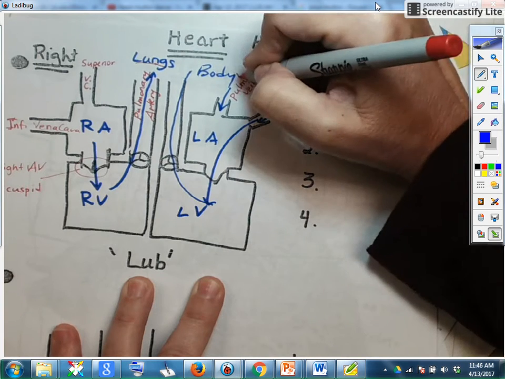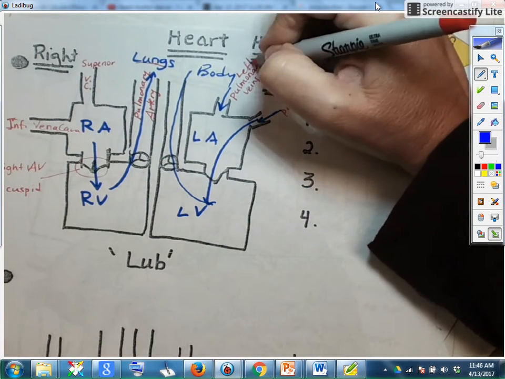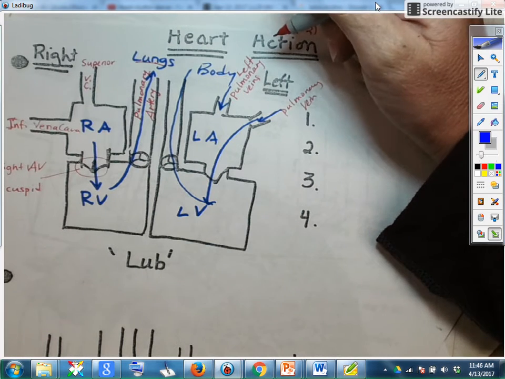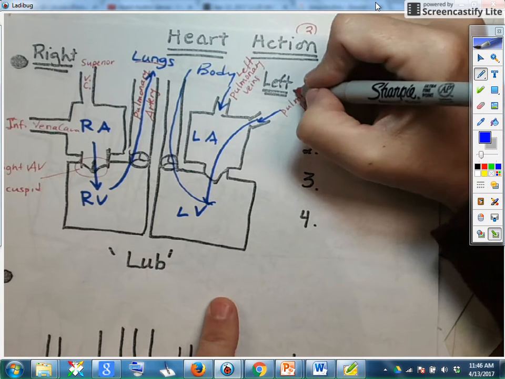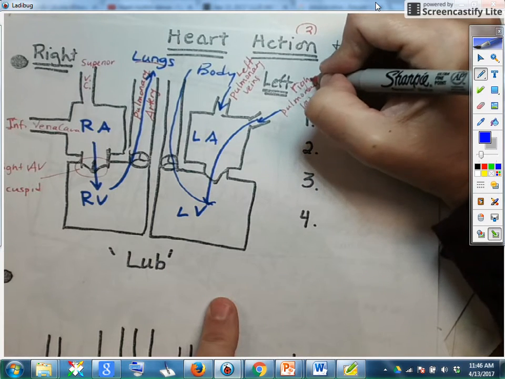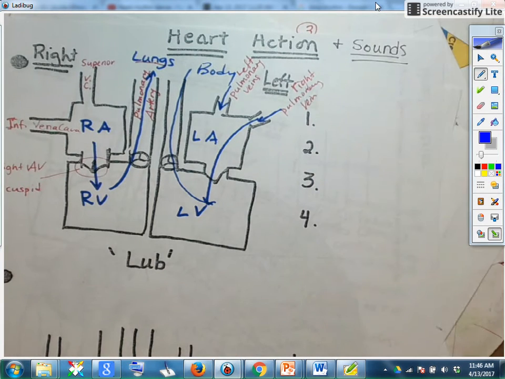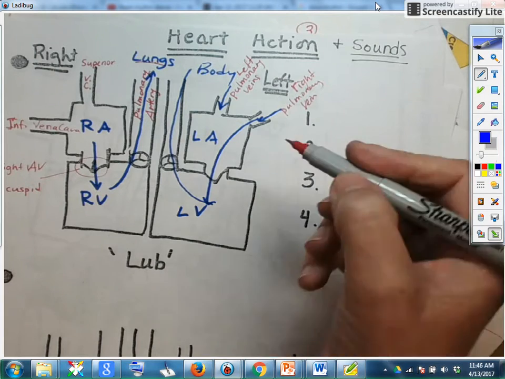The left pulmonary vein would bring the blood from the left lung. The right pulmonary vein is going to bring the blood from the right lung into the heart.